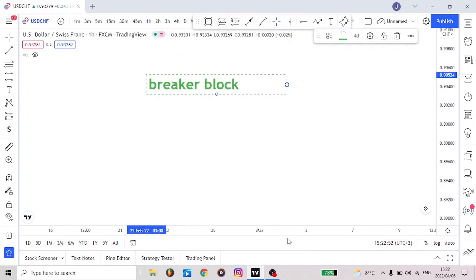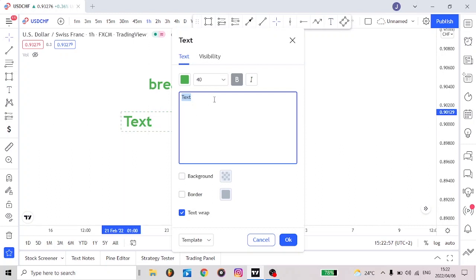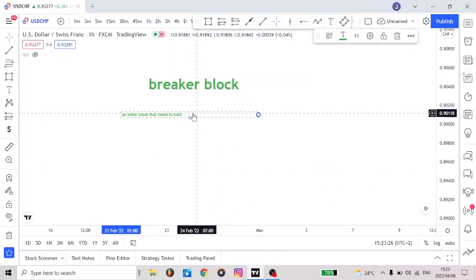Let's save that and try to define what a breaker block is. A breaker block is another block that failed to hold. That's the short definition of it. It's an order block that failed to hold.